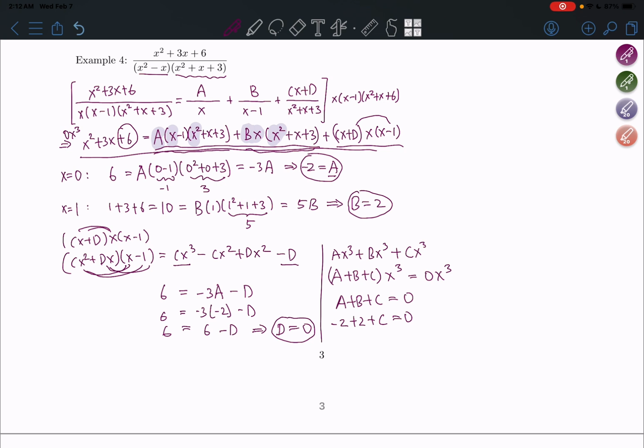Let me double check that real quick. Why is c also equal to 0?